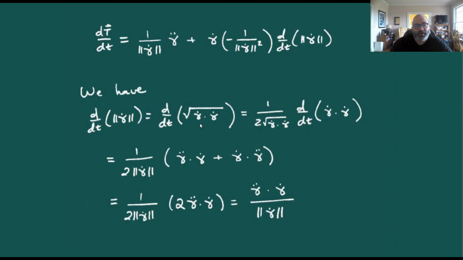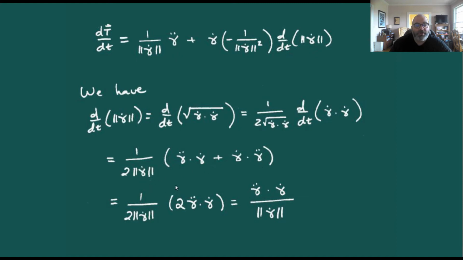Again we take the derivative of the outside function, keep the inside the same, times the derivative of the inside function. The derivative of the inside function is really just a product rule. So we've got 1 over 2 times the norm of the first derivative, times the second derivative dotted with the first function plus the first function dotted with the second derivative.